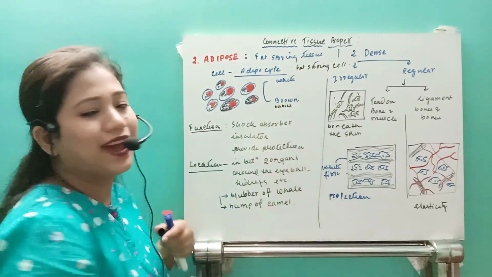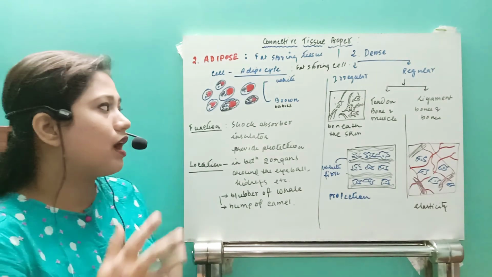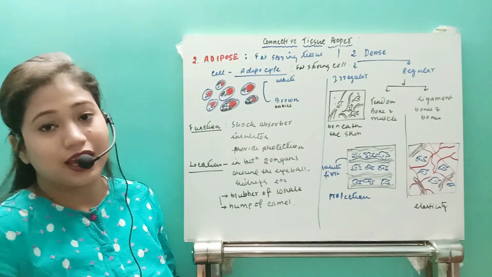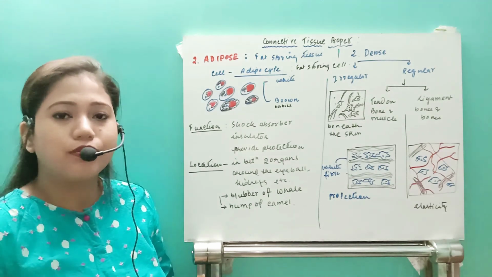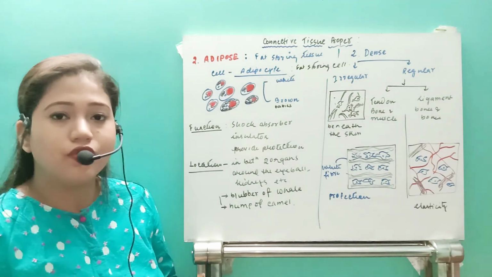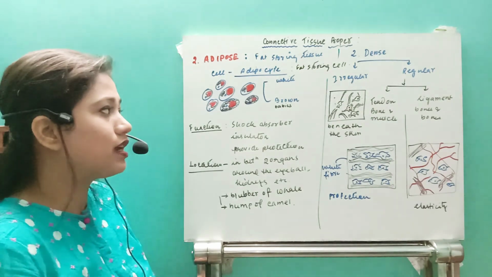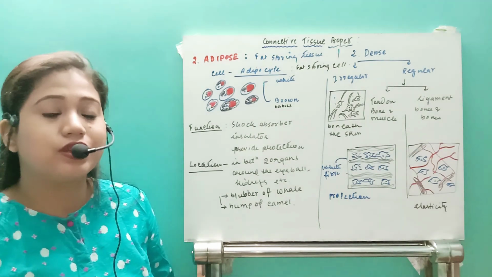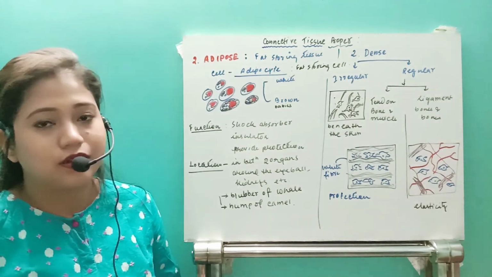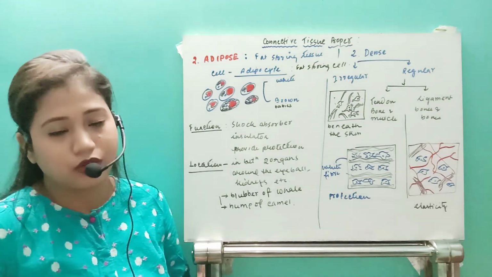Baby fat is nothing but the brown adipose, which is one type of adipocyte cell, where the number of mitochondria will be more, which will provide more energy. And next, it also has the iron containing cytochrome, because of which it gives a characteristic brown color.